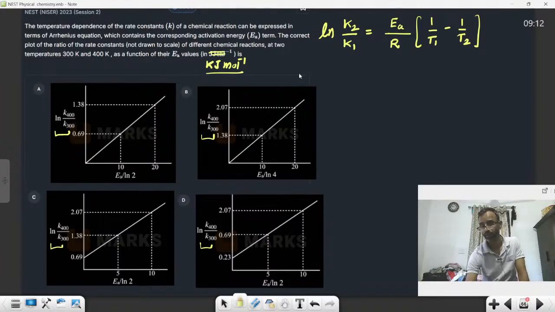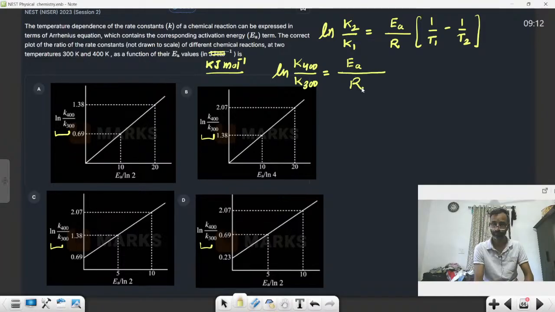So that means it becomes natural log of K400 to K300, that is equal to EA divided by R into 1 upon 300 minus 1 upon 400.